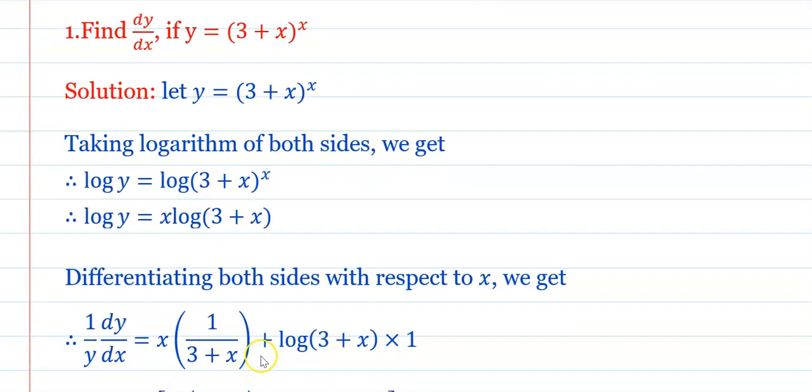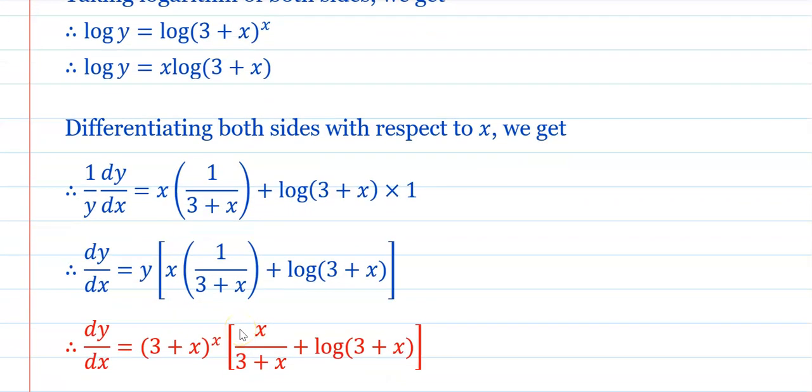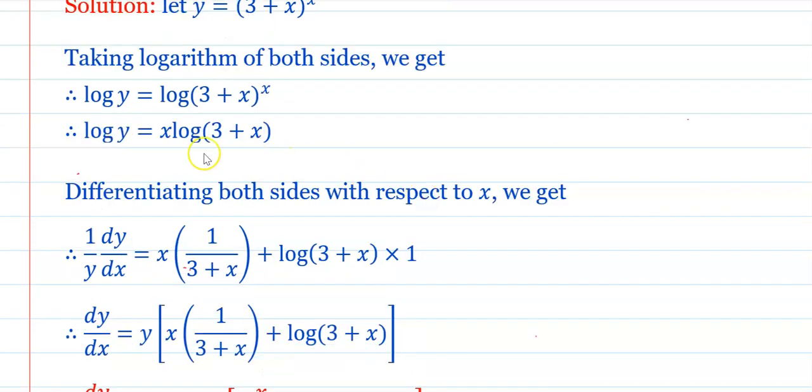Differentiating both sides with respect to x, the derivative of log of y is 1 upon y into dy by dx, and that is equal to the derivative of the right hand side, x into log of (3 plus x).